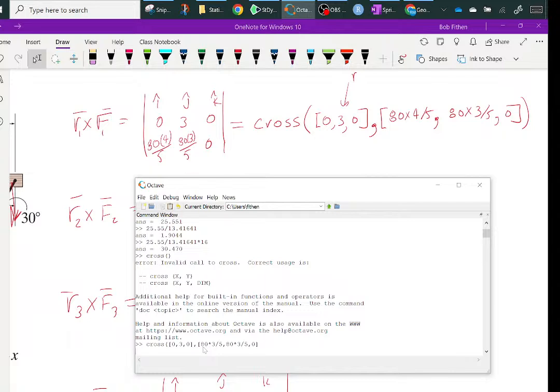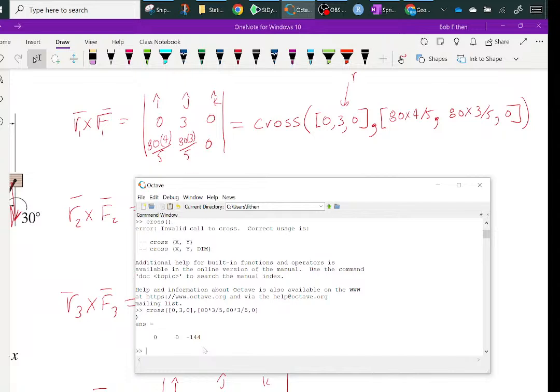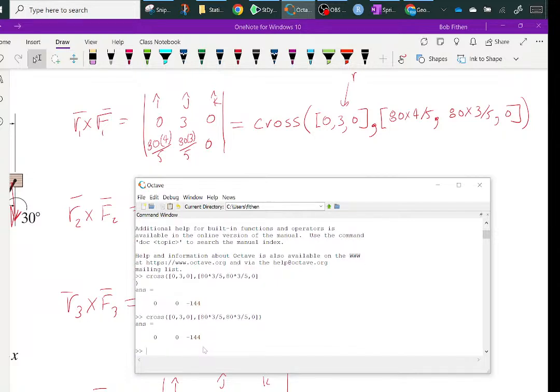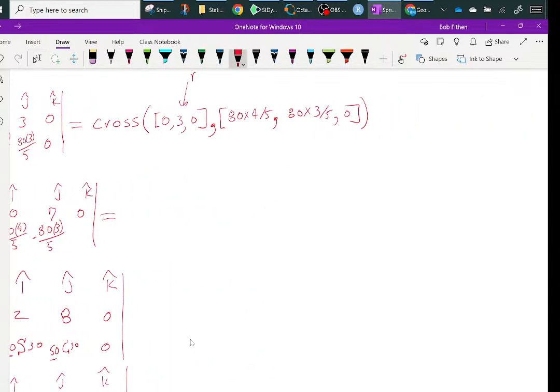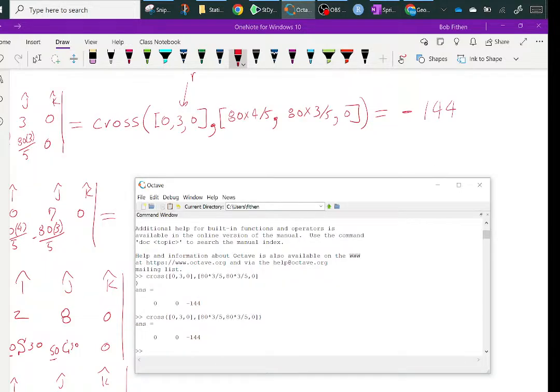Oh, no. Let me redo that. I forgot to put the closing parentheses. So that makes sense. It's planar, and therefore it shouldn't have an x component, and it shouldn't have a y component. It only has a z component. So minus 144 equals minus 144. Was that right, or was it 114? That was 144.